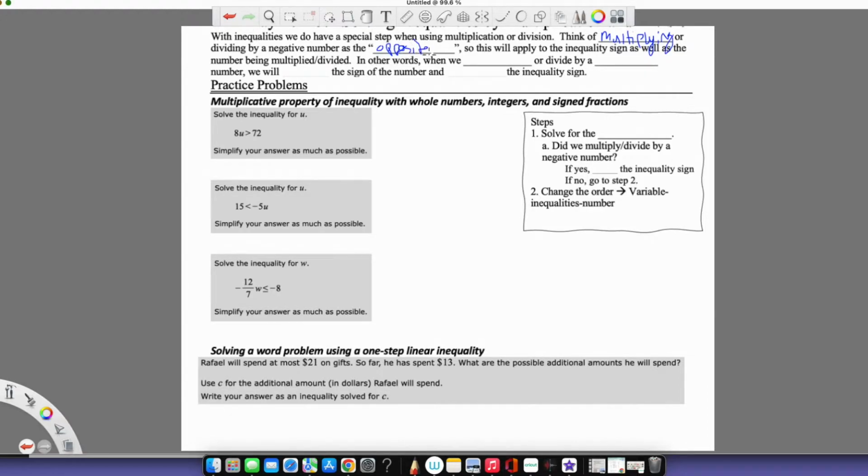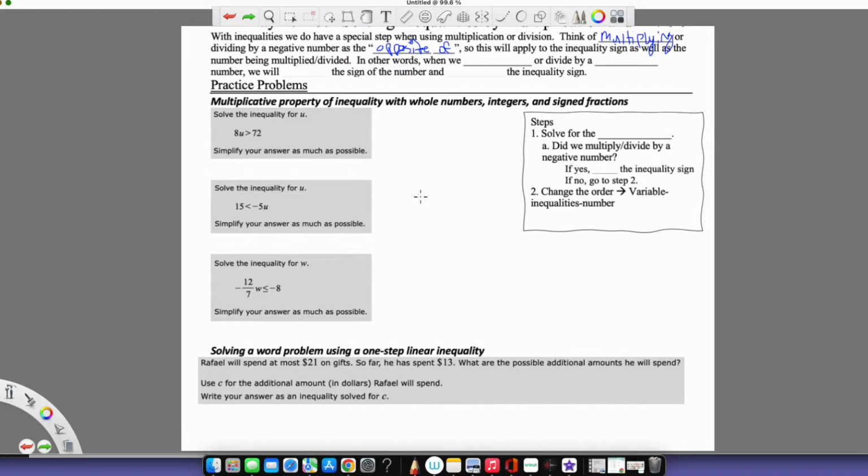I know I brought this up in other videos, because if I say 2 times negative 1, well, I actually should say negative 2 times 1, I'm asking, what is the opposite of 2 times 1? Well, the opposite of 2 times 1 would be negative 2, because 2 times 1 is 2. The opposite of that is negative 2. So when we think of multiplying or dividing by a negative number, we're kind of thinking of what is the opposite of.